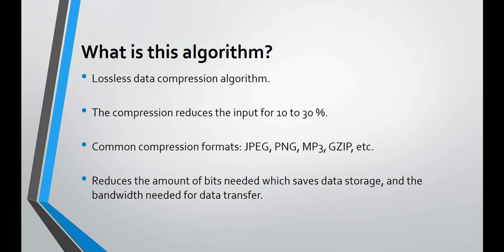There are many common compression formats such as JPEG, PNG, MP3, and gzip that use the Huffman coding method. The main advantage of a compression algorithm is that it reduces the amount of bits needed to save data storage and the bandwidth needed for data transfer.